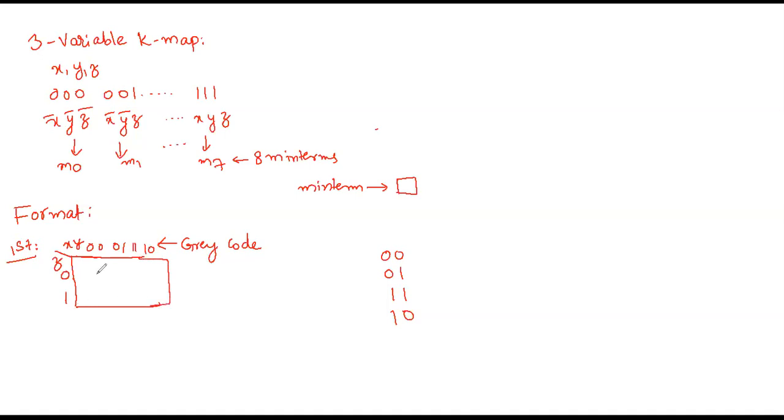Now do the separation of each code, and you will get the 8 boxes. This is minterm 0, minterm 1, minterm 3, minterm 2, minterm 4, 5, 7, 6. This is the first format.